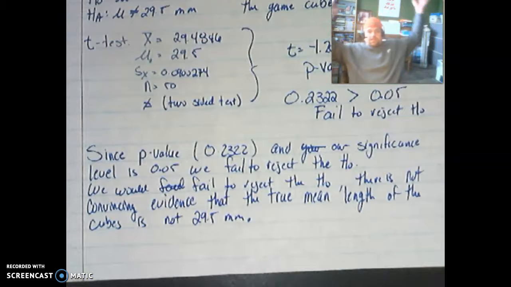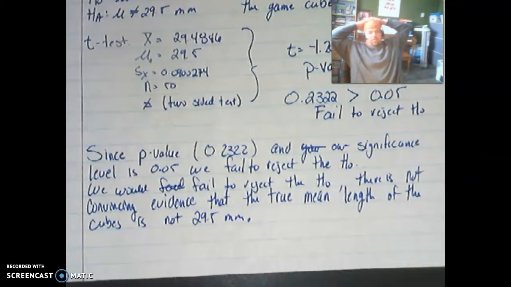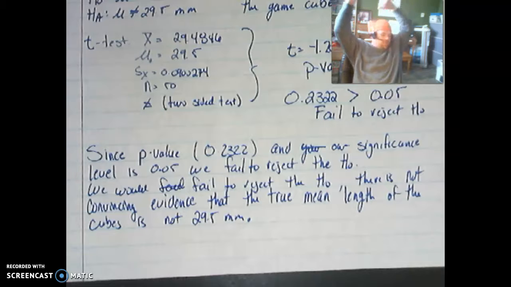So there is our two-sided test. It's very similar to our one-sided test. The only difference is that we have to account for both sides. And so when we account for both sides, we would actually have to double our p-values.